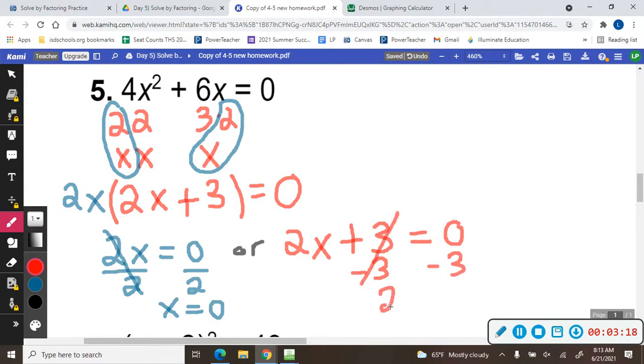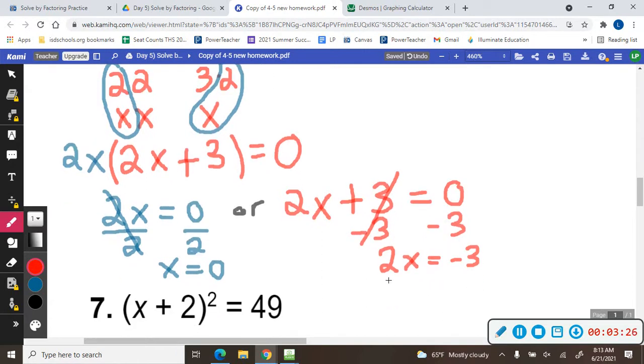I get 2x equals negative 3, because 0 minus 3 is negative 3. Divide by 2. And I get x equals negative 3 halves. You could change that to a decimal if you want. That's negative 1.5. Or you could leave it as negative 3 halves.